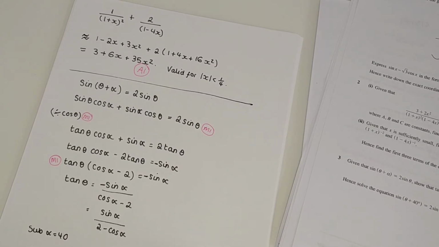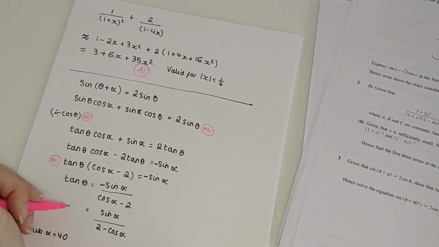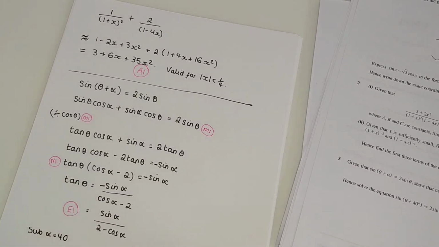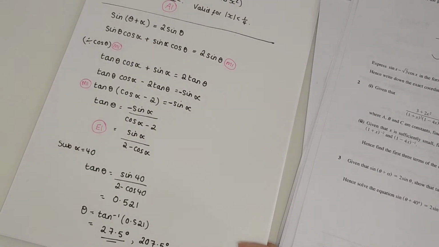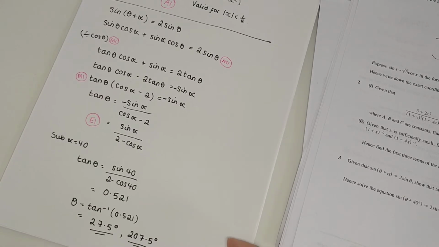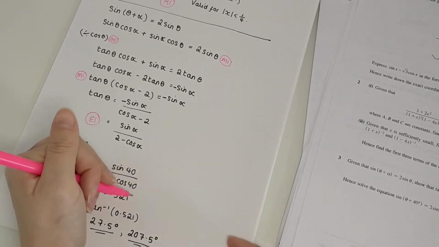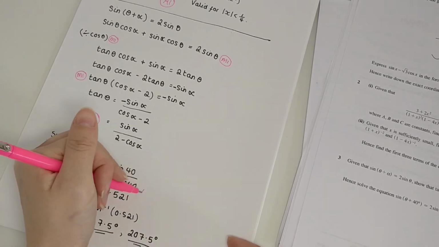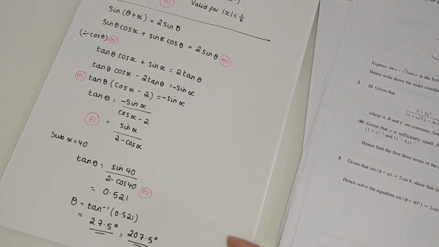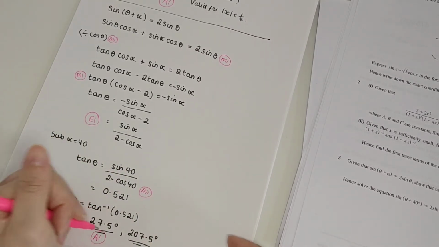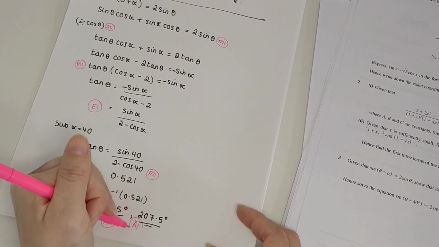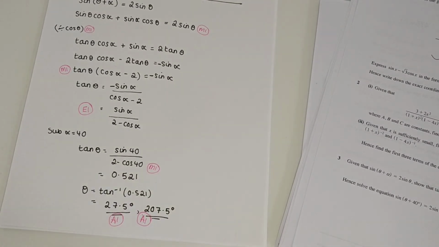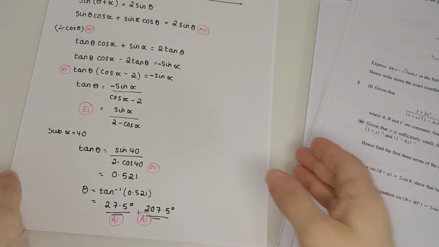E1 for getting to the answer. M1 for subbing the 40. And then A1 for each of the 2 answers.